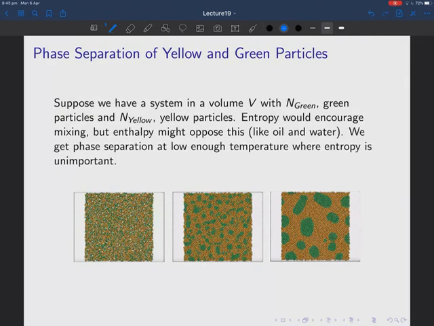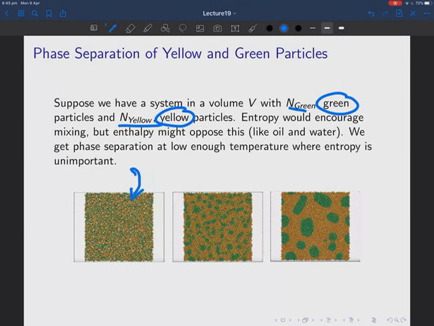Let's do a separate system to that. Suppose we have a system in a volume V with a certain number of green particles and a certain number of yellow particles, N yellow and N green. Now, entropy would encourage mixing. So entropy would encourage the system to look like this. But enthalpy might oppose this. The energetic interactions might oppose it.